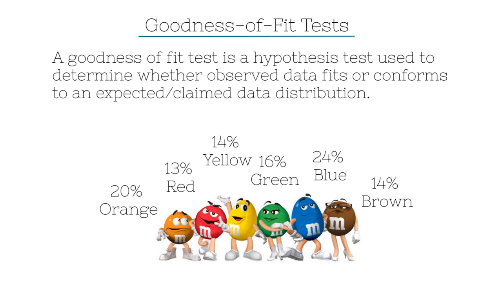The percentages that you're looking at now on your screen are the expected percentages. We've just described what's called a goodness of fit test. A goodness of fit test is a hypothesis test used to determine whether observed data values fit or conform to an expected or claimed distribution.